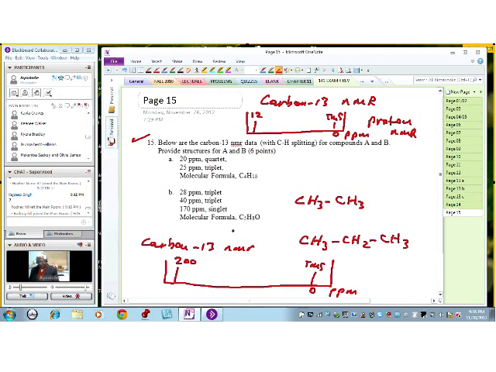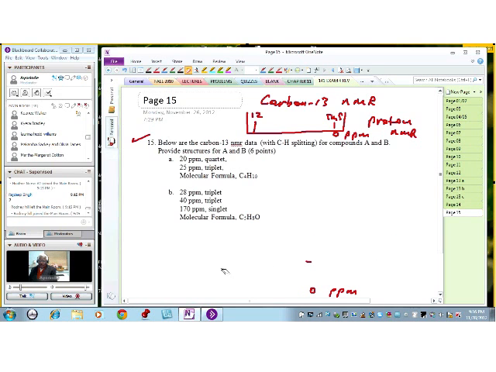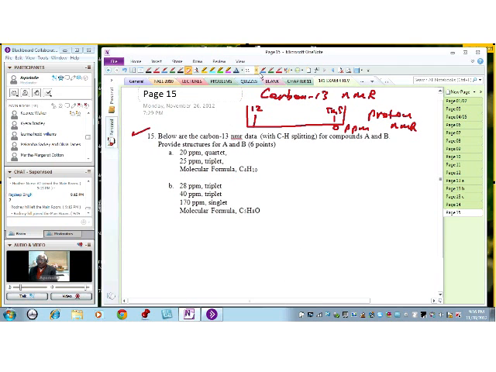Also, in carbon-13 NMR, when it comes to splitting, or spin-spin coupling, or what we call multiplicity, to determine the multiplicity, you look at the number of hydrogens that are attached to the carbon atom.